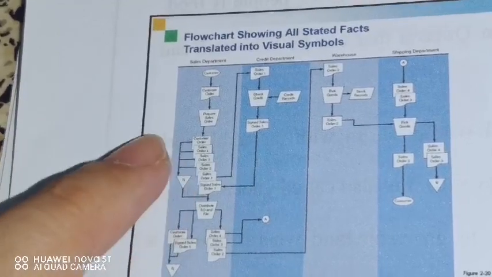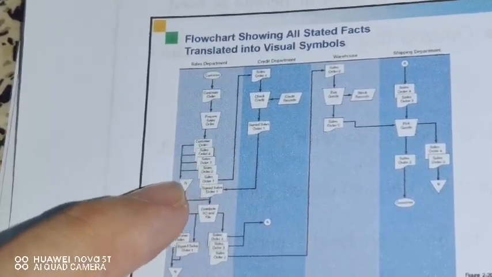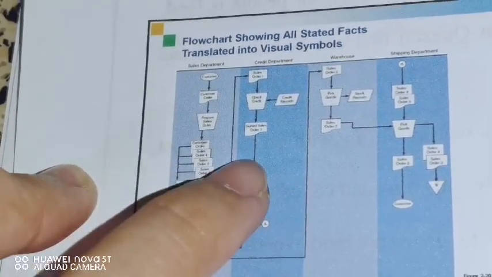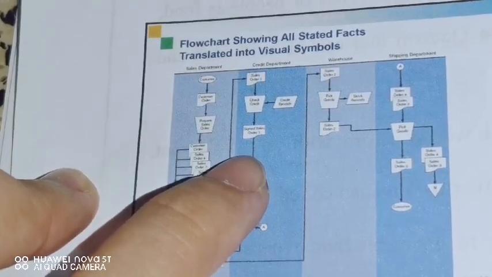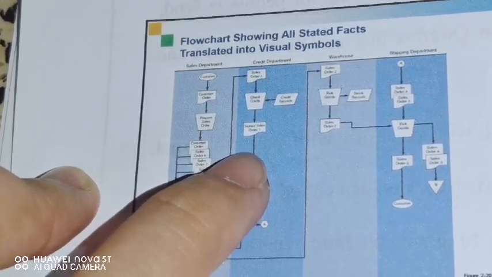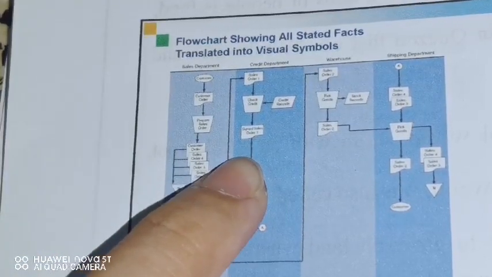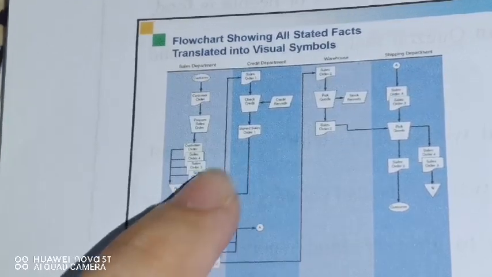Kung mapapansin niyo yung sales order, ang dami niyang pinupuntahan. The sales order from the sales department will go to the credit department. Bakit ba siya pumupunta sa credit department? Because they have to check if pwede pa ba yung order. Baka nga kasi na-reach na nung customer yung maximum credit limit niya.